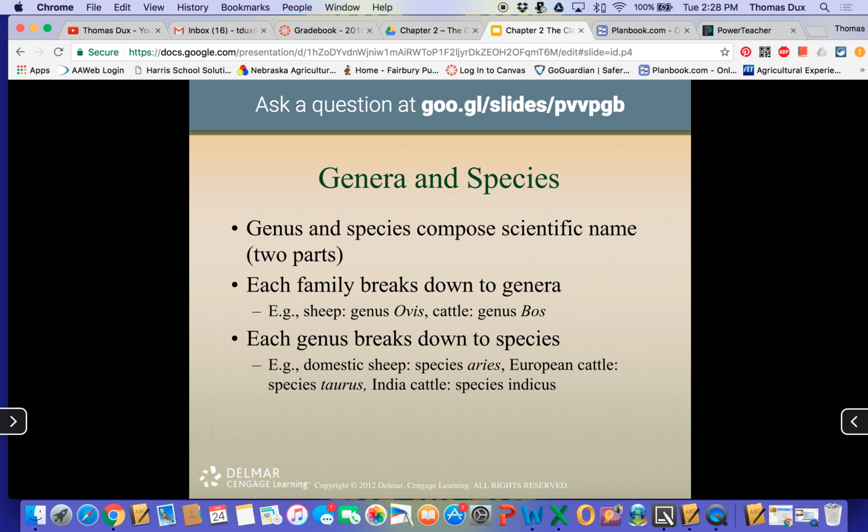The scientific name is just the genus and species. So go ahead and write the scientific name, the genus and the species, above the cow, and then above the pig, and then above the bee and the chicken.